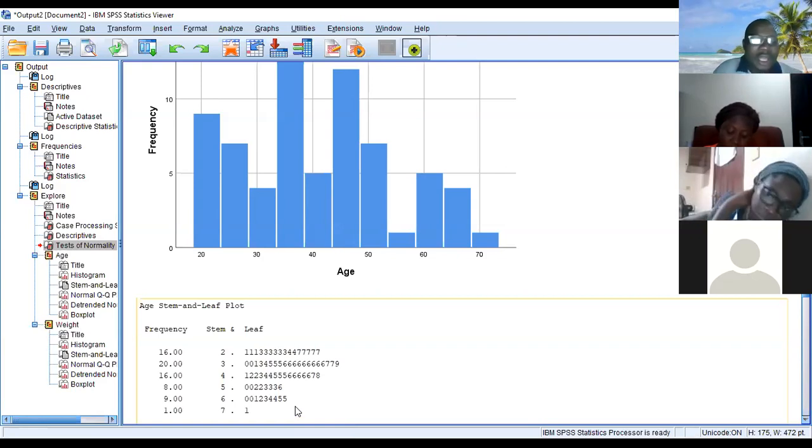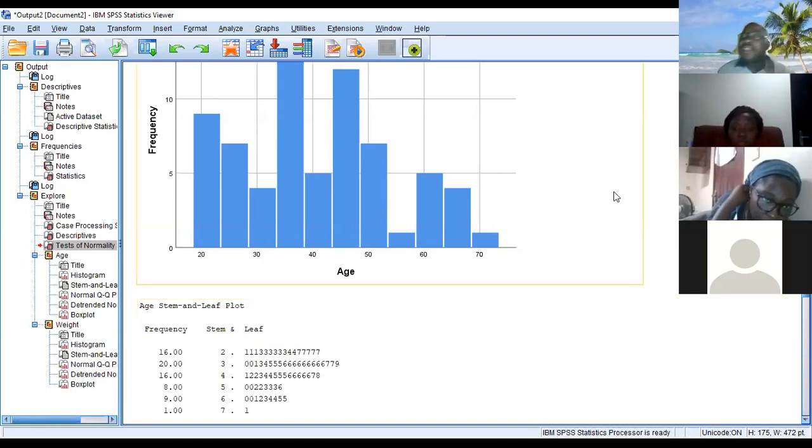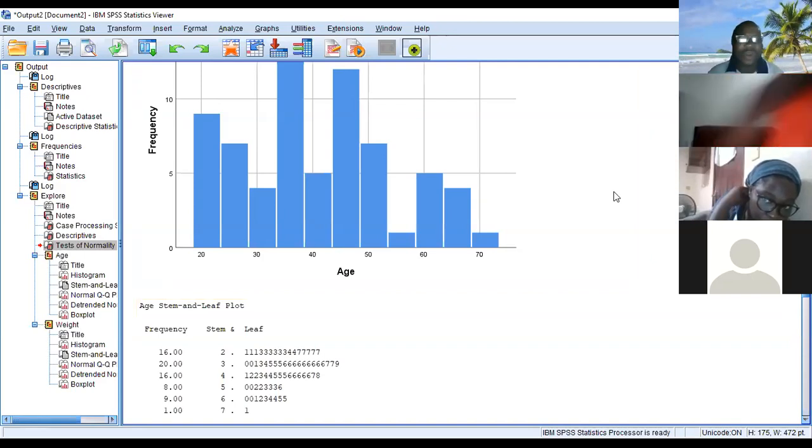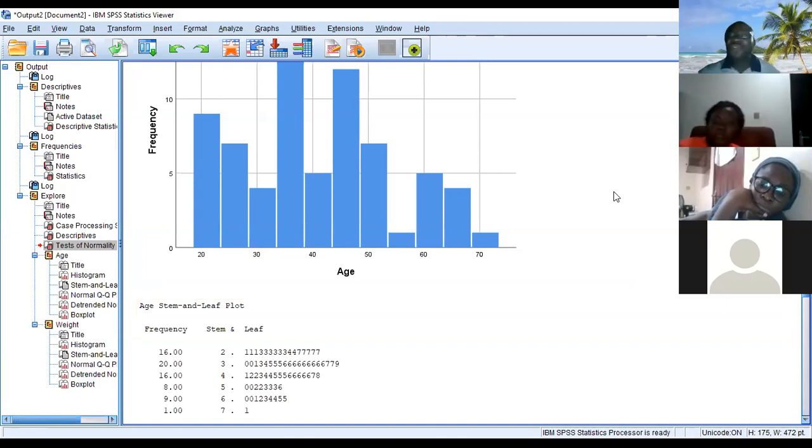Look at the frequency here. In stem and leaf, the last digit is the leaf and the first set of digits is the stem. If you are dealing with something like height, 1.74, the last digit will be the leaf and the first two digits will be the stem.